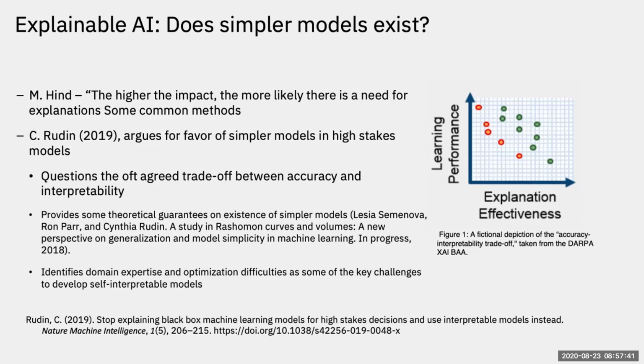She provided a nice theoretical framework using Rashomon curves, which under certain scenarios can prove or disprove the existence of simpler models in certain use cases. However, she also identifies domain expertise and optimization difficulties as some of the key challenges in order to develop completely self-interpretable models.